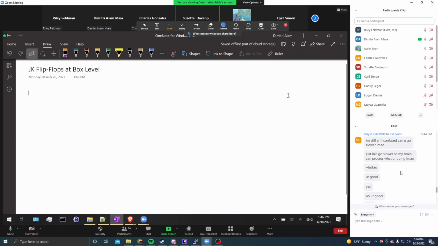I can draw it. Yeah, because we can draw the JK flip-flop at the box level. Because I know what you're talking about. I have my notes on it here. It's been a couple of days. He mentioned it today, saying that he could ask for a different amount of bits or whatever, and I didn't understand what he meant by that. Yeah, I wonder if I can grab my notes to show you.